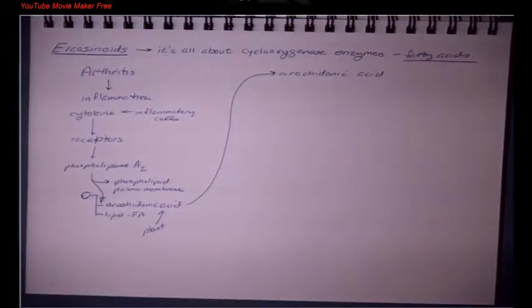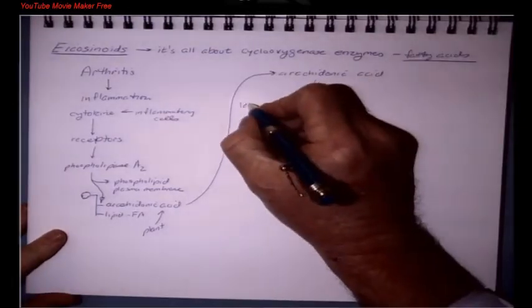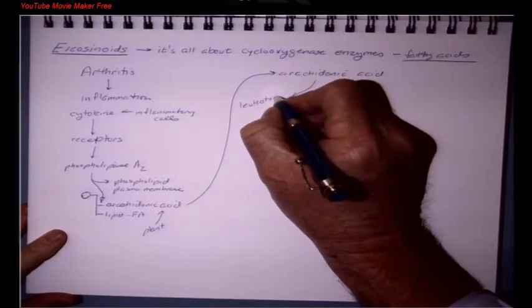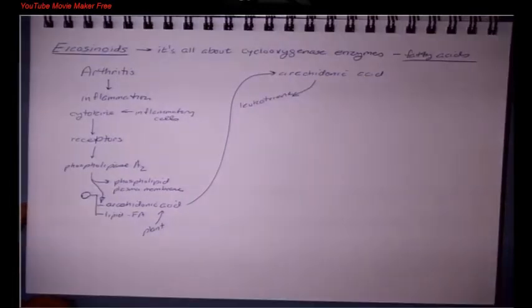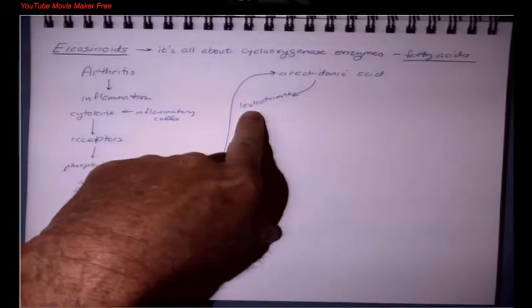Now, the arachidonic acid can be processed into multiple different forms. One of the forms it can be formed into is a leukotriene. And the leukotrienes are what mediate mostly our asthma attacks. So this is one of our airway mediators that control our inflammatory response in our lungs.